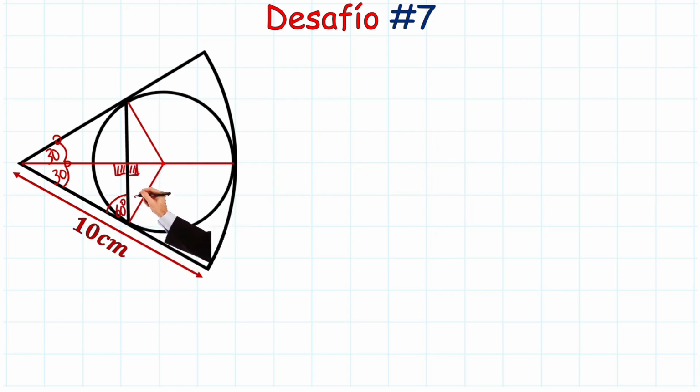And notice that this line, which is the circle's radius, is reaching a point of tangency with this line. So there are 90 degrees in this entire angle, and if this small angle is 60 degrees, to reach 90 this has to be 30 degrees. 30 degrees, fantastic. If we have 90 and 30, this has to be 60 degrees.